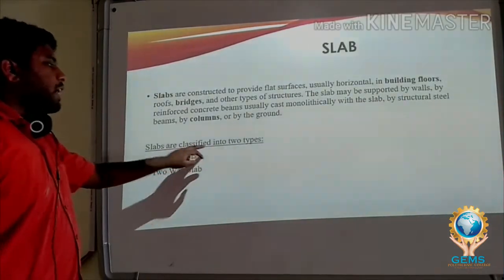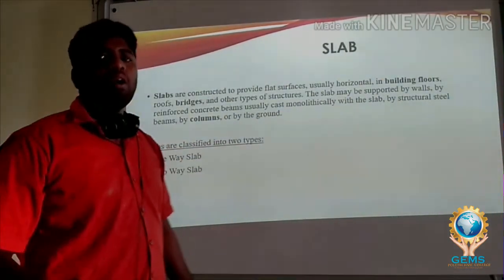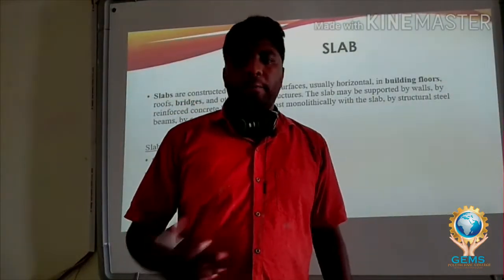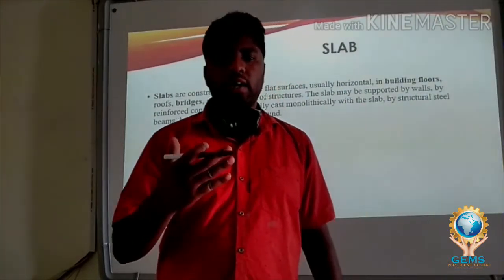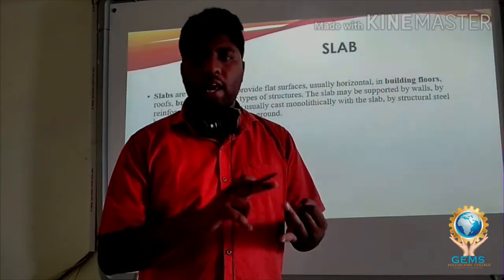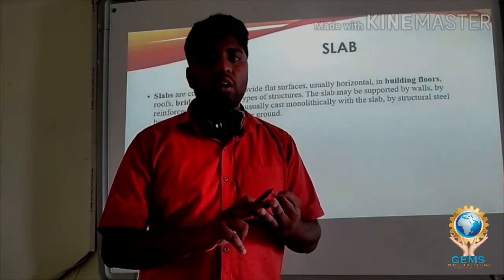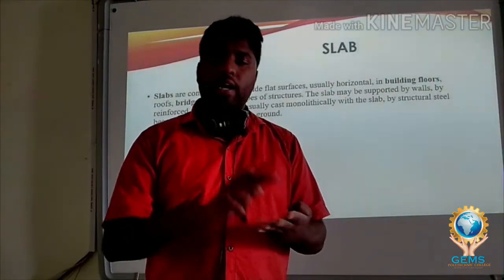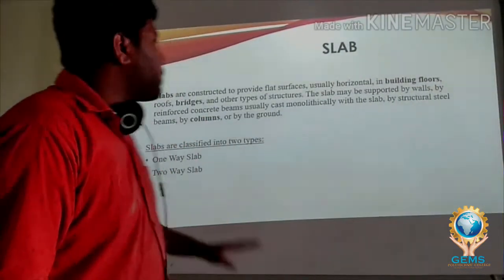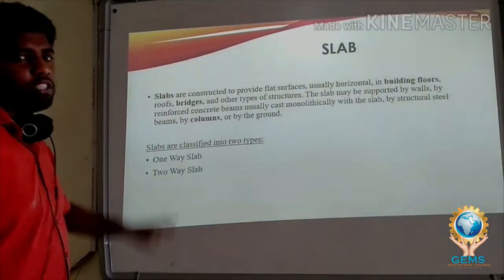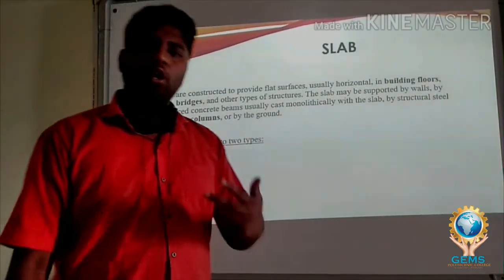Slabs are classified into types based on construction. Based on shapes, slabs may be classified as rectangular slabs, square slabs, circular slabs, triangular slabs, etc. Based on the construction, there are two types of slabs, that is one-way slab and two-way slab.